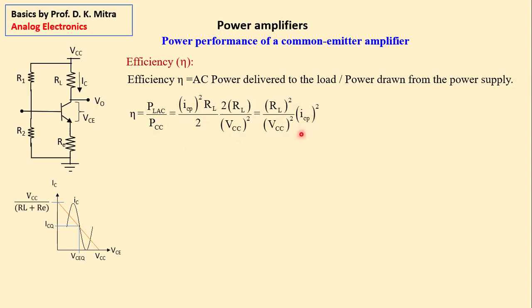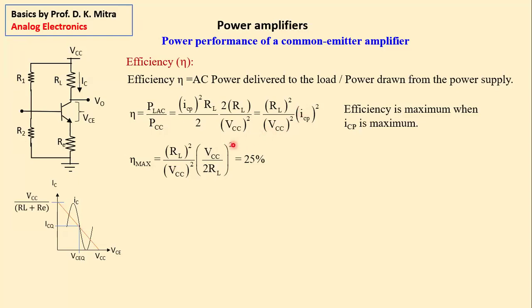Now look at it. When is efficiency maximum? When ICP is maximum. That means when the signal is the maximum signal that you can give to the amplifier. Efficiency is maximum when ICP is maximum. And what is the maximum ICP? It is equal to ICQ.